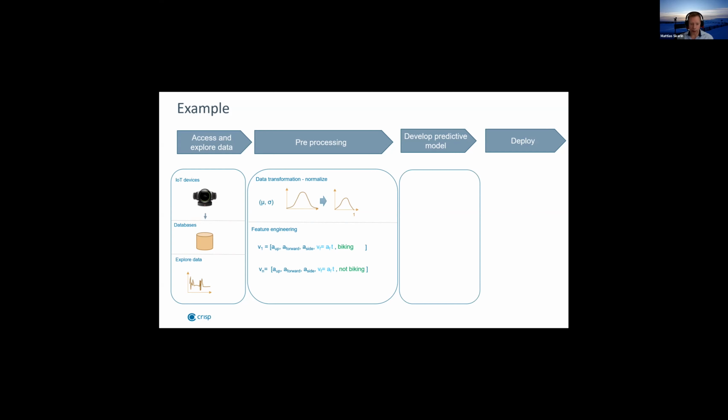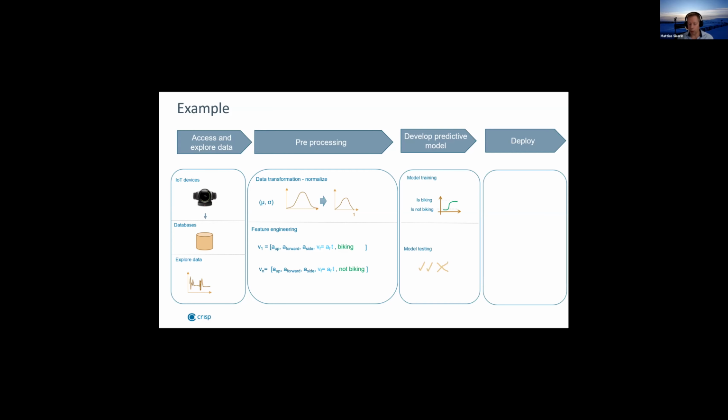Based on this feature engineering, you will then pull this matrix into your model and you will try different algorithms on it, just to tell whether it can predict if the person is biking or not. And then you'll do model testing. So you will check how accurate the prediction is, and if it's not accurate enough, you'll go back again, do some parameter testing, change the model until you're happy.